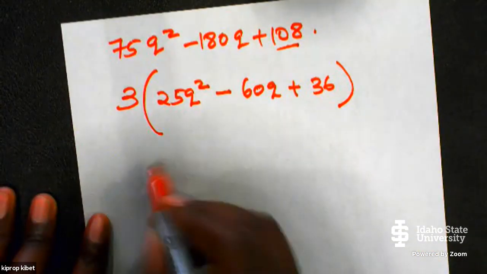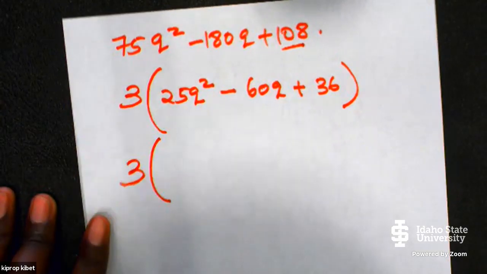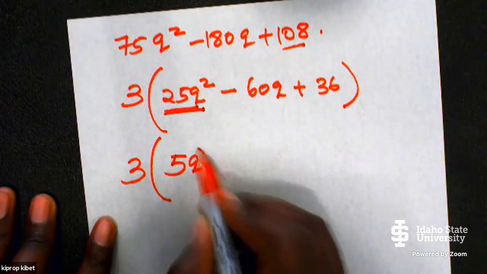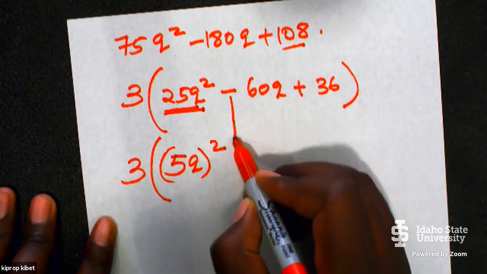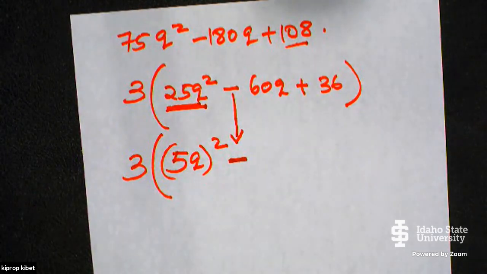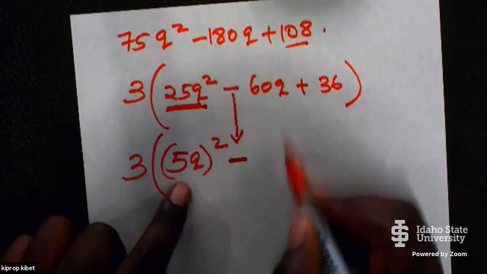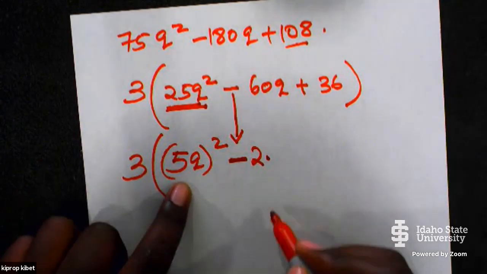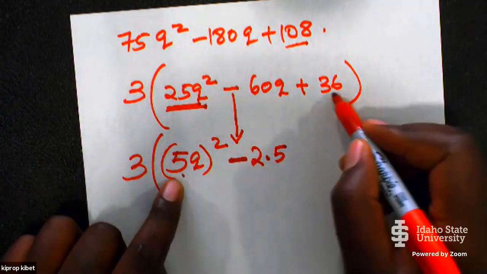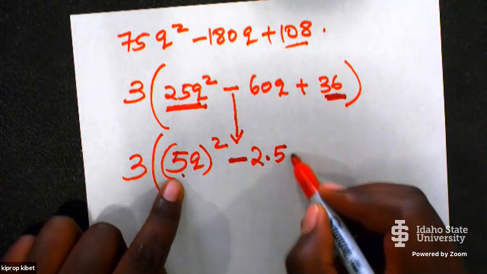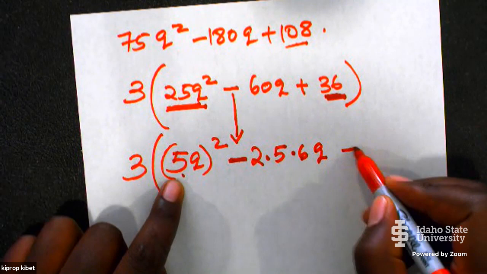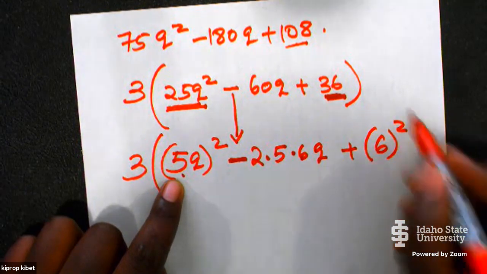So to factorize this, 3 is still common there. So we come here. So here is 5q, then squared. We carry this minus the way it is. So minus there. So we have the 2 is common, it's constant there. 2 times 5, and then the square root of the constant over there, which is 6, and q still remains like that, plus 6 squared.